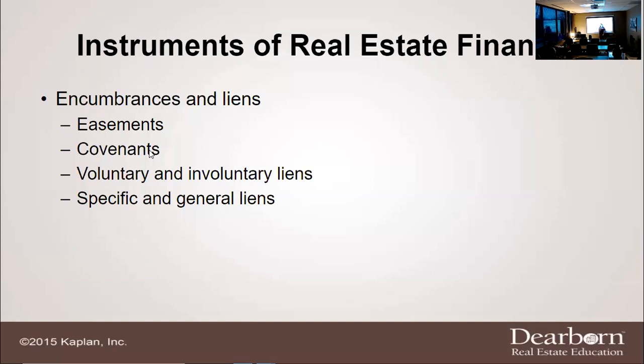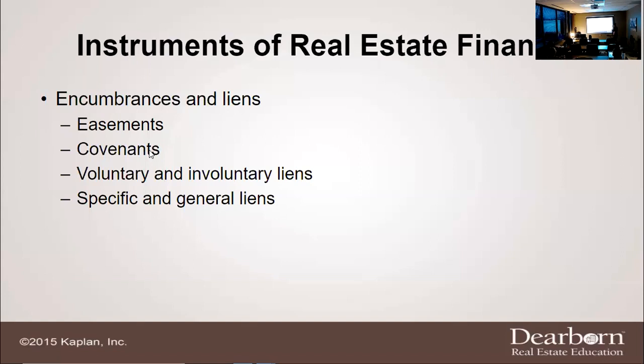But it's basically the covenants. These are things that we're going to convey. These are the things that you're getting. And that's why they're talking about there being encumbrances or liens, because a covenant could restrict what all you technically own, okay? Now, we have voluntary and involuntary liens, okay?